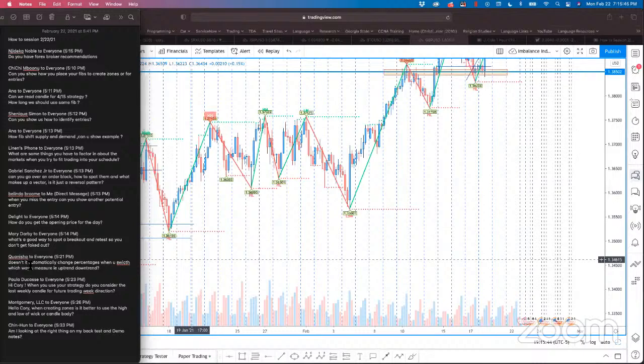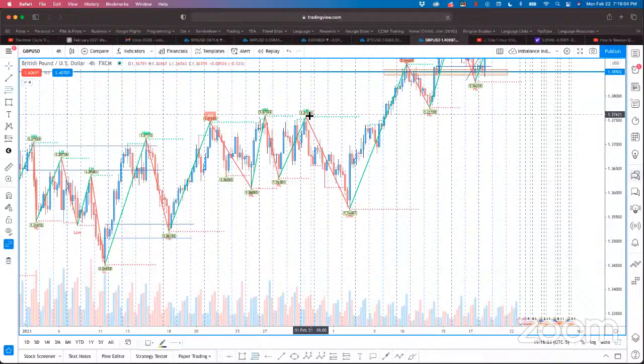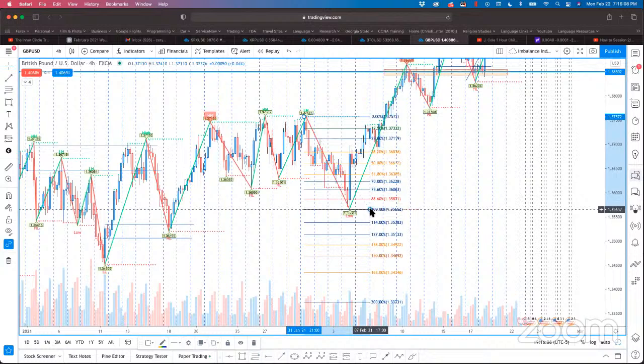Nisha asks, doesn't it automatically change percentage when you switch which way you measure, i.e. downtrend, uptrend? Nope. If you're talking about fibs, no, it doesn't automatically switch. If I'm going from here to here, you can see.